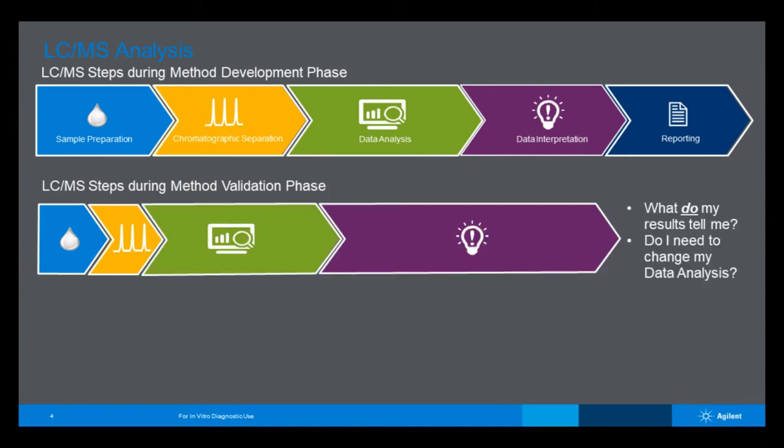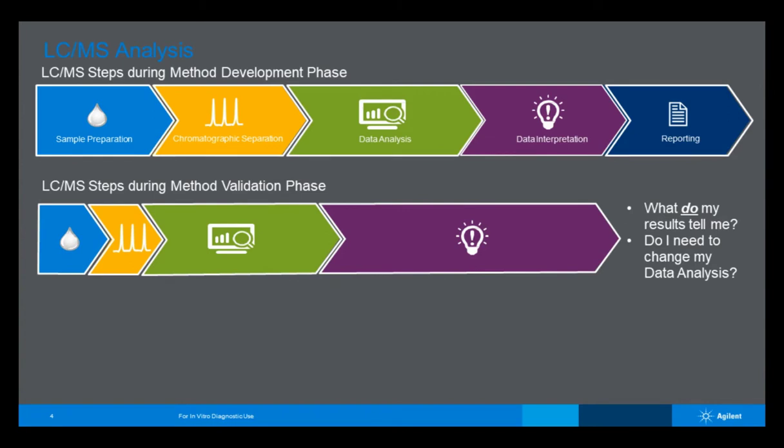However, any of the time that's gained in the reduced sample preparation and chromatographic separation steps is usually lost in the data analysis and the data interpretation steps during the validation phase. And the data interpretation specifically is elongated here because the validator is really looking at what the results tell them, and whether there is potentially any need to go back and change the data analysis previously.